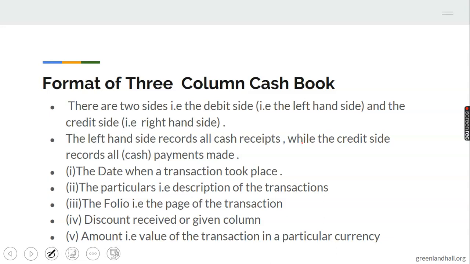Then two, the particulars, that is the description of the transactions. Then three, the folio, that is the page where the transaction can be traced or identified. Then number four, the discount received or discount given out column. And lastly, the amount or the value of the transaction in a particular currency.